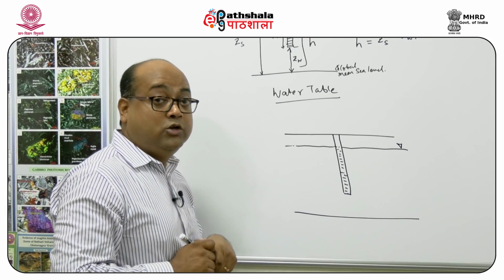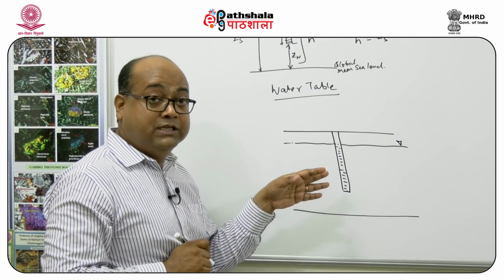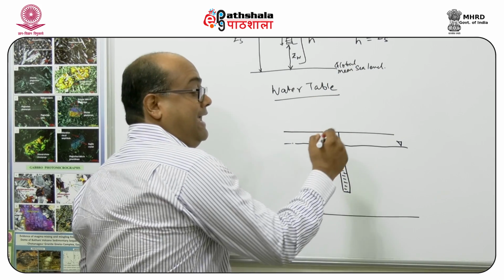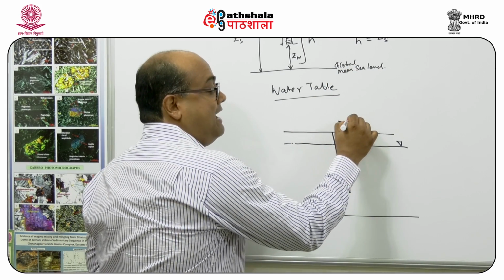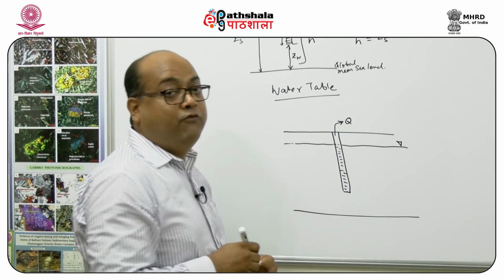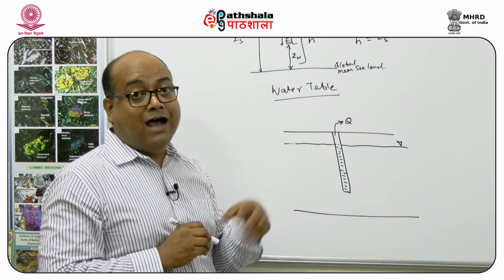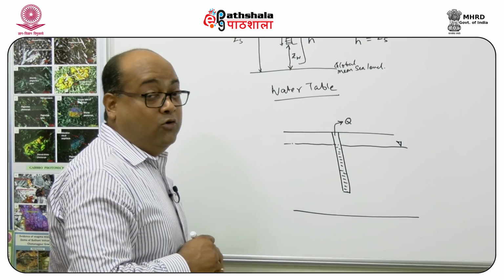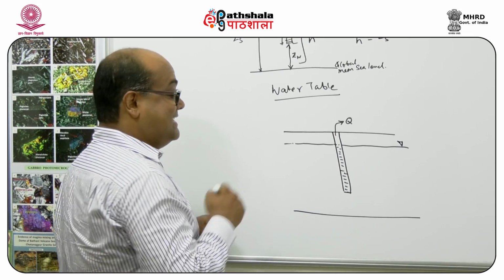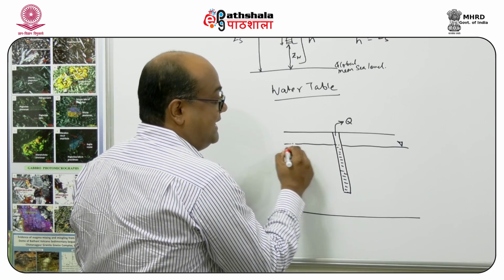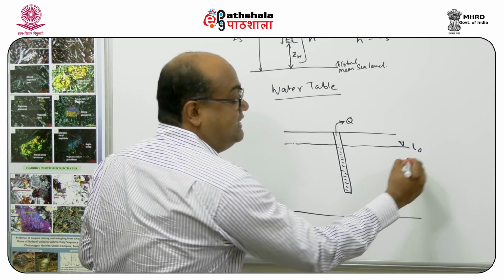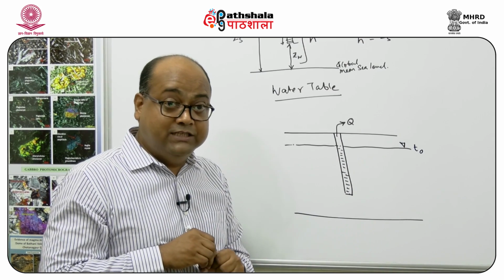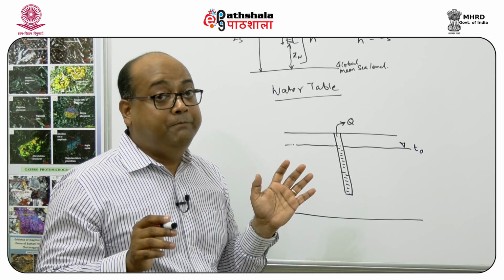Okay. Now the question is, what happens when I pump water out of it? Let's say I am pumping out some fixed volume of water Q out of this well. Then what happens to the water table? So what happens actually is something like this. Say this is time t0, the behavior of the water table when there is no pumping taking place.